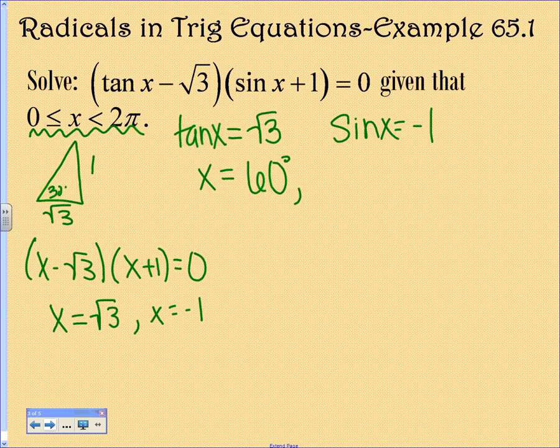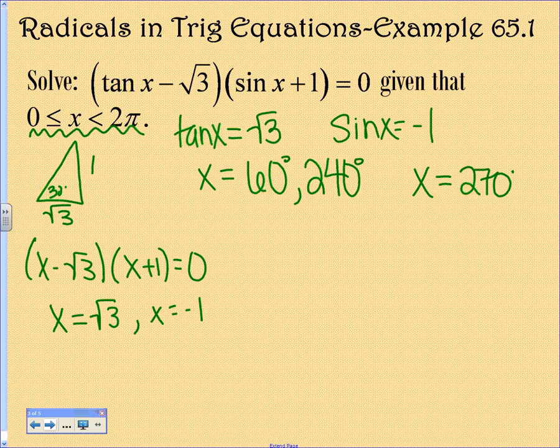What other angle gives us a square root of 3? 240. It's in the third quadrant. Okay. Let's check on sine. What would give us a -1 for sine? Remember, this is one of the quadrantal angles, either 0, 90, 180, or 270. It would be 270.